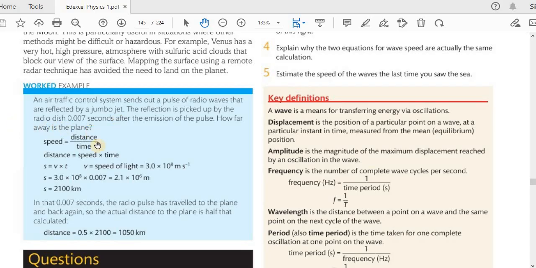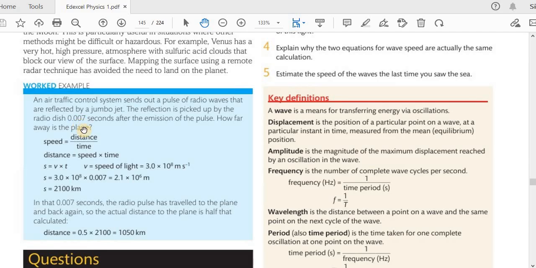How far away is the plane? So we are using this. That speed is known, and the reflection is picked up by the radio dish after this much time. So after the emission of the pulse, okay, the pulse is sent, then the reflected wave is received after this much time. So it goes and comes back.